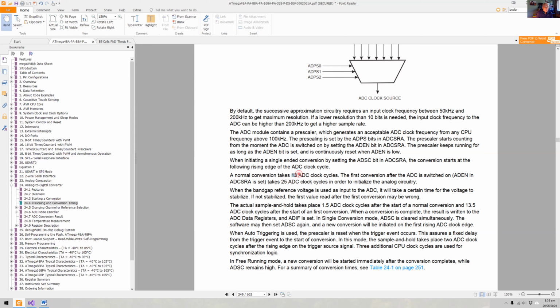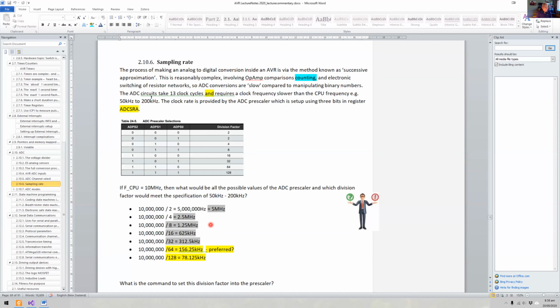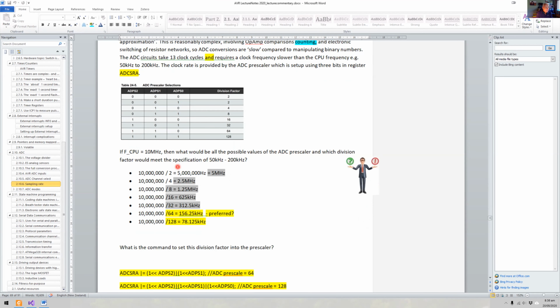But generally it takes 13 clock cycles for it to do a comparison. So that's 13 clock cycles at this lower frequency of 50 to 200 kilohertz. Okay, so that's really important just to grasp that from the data sheet. So say for instance, we've got this prescaler, so we can set up the frequency going into the analog to digital converter.